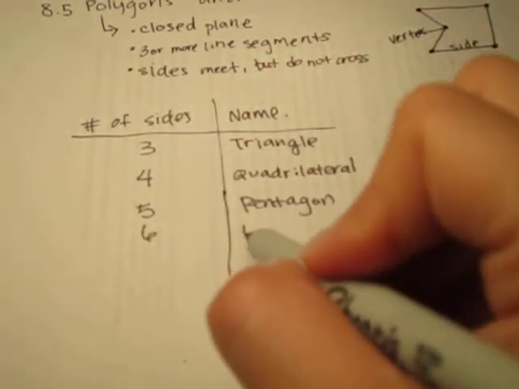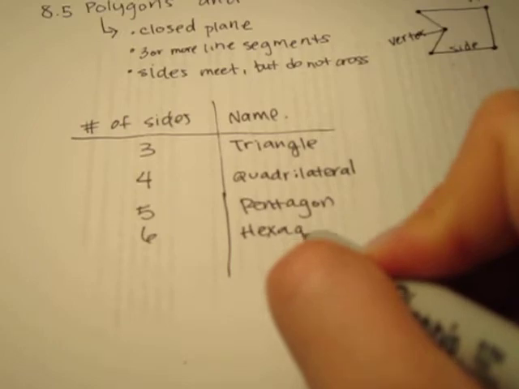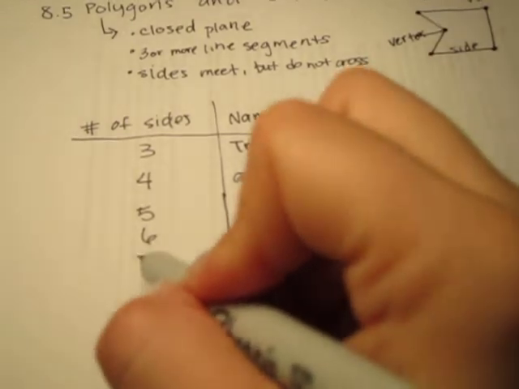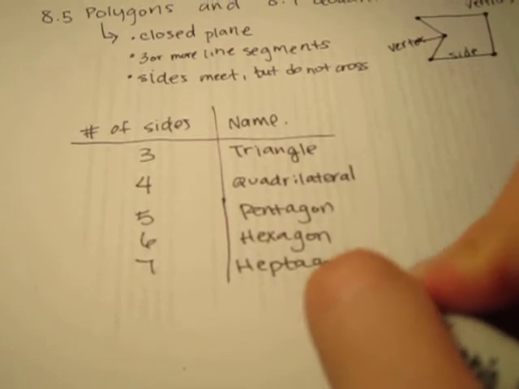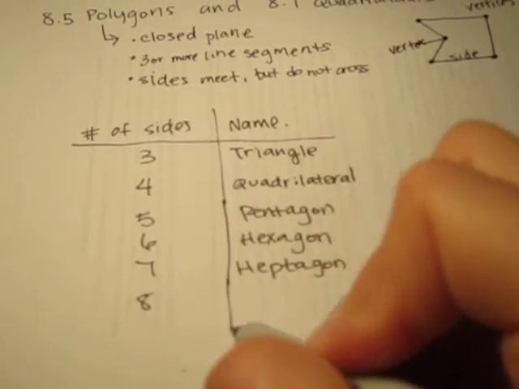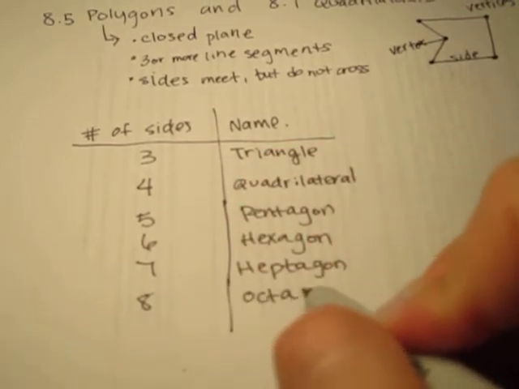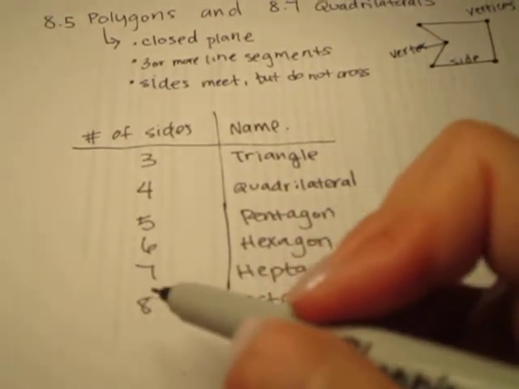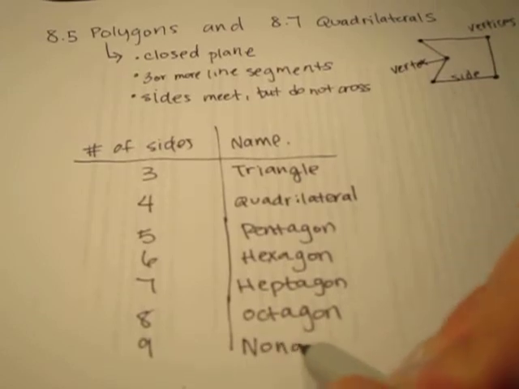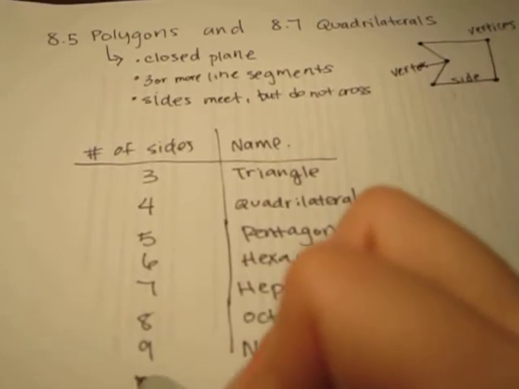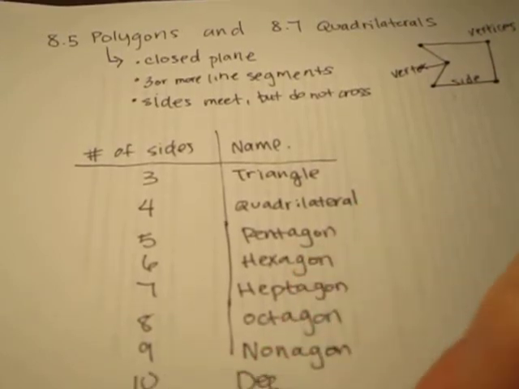6 is a hexagon. 7, heptagon. If it has 8 sides, we call it an octagon. 9 sides, nonagon. 10, decagon.